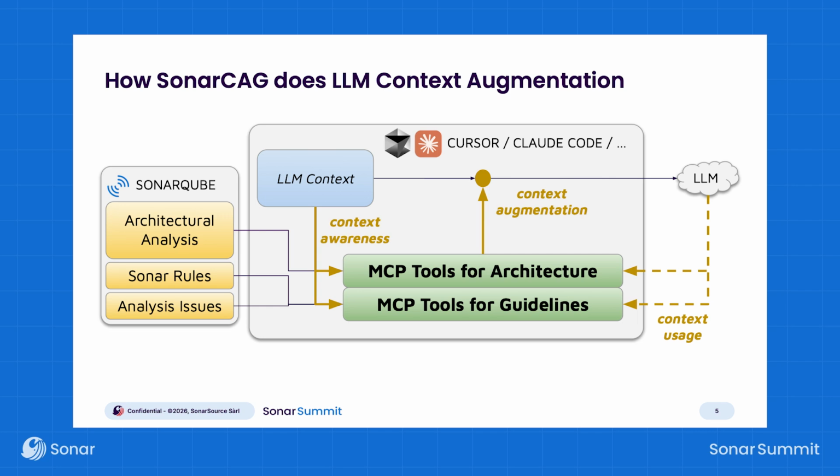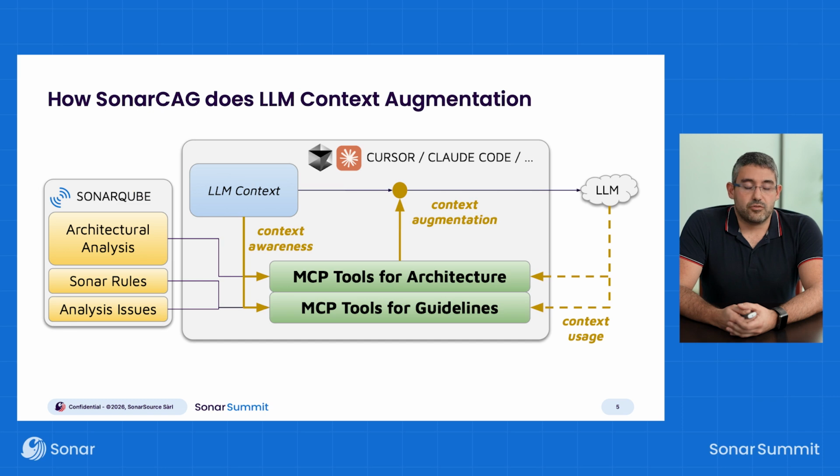Okay, now SonarQube does context augmentation using MCP tools. In particular, those tools, which are for architecture and for guidelines, take information from SonarQube, information like architectural analysis, the rules from Sonar, and the issues that are generated by the analyzer that detect issues like violations of those rules.